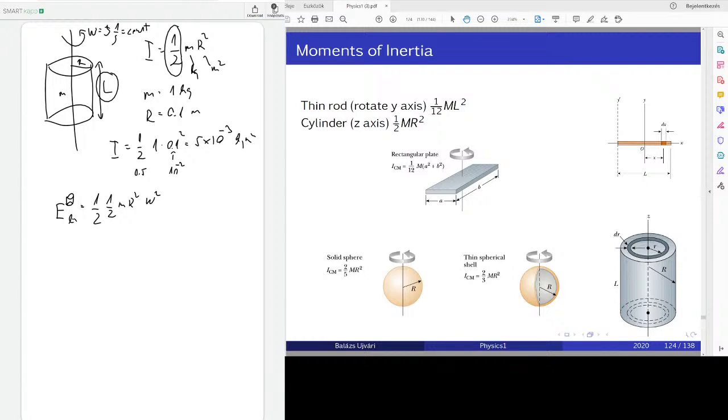What is the kinetic energy of this body? This is 1 over 2 times 5 times 10 to minus 3 times 5 square, which is again 0.5 times 5 times 10 to minus 3 times 5 times 5.